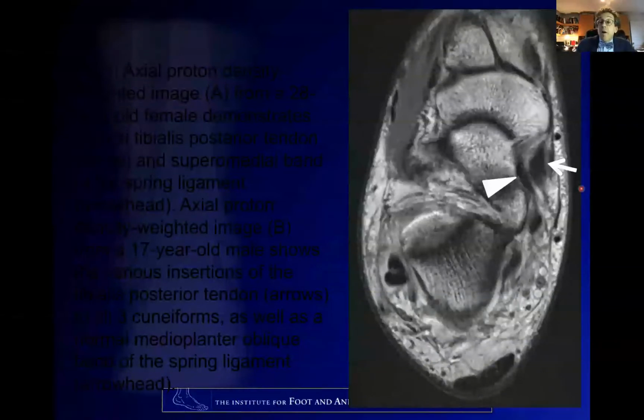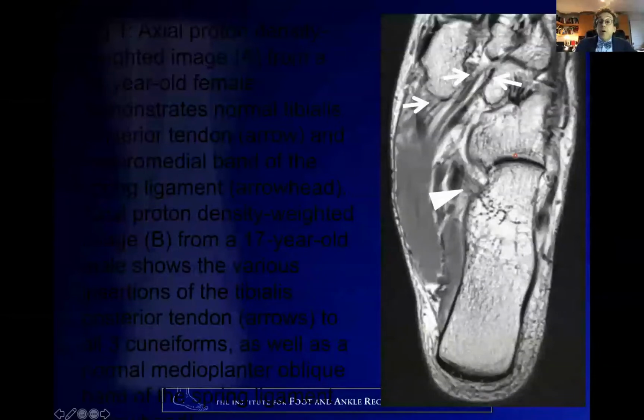So these are images of the posterior tib tendon. You could see here the talonavicular ligament. Here you could see in the arrows the attachment sites of the posterior tib tendon.